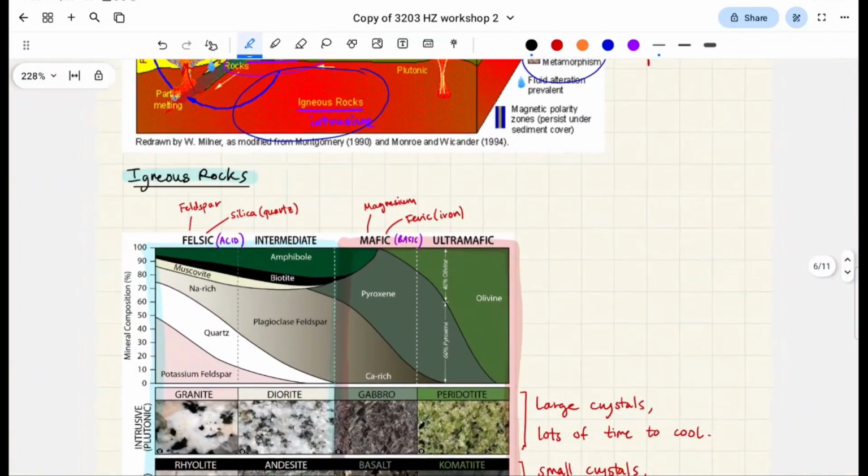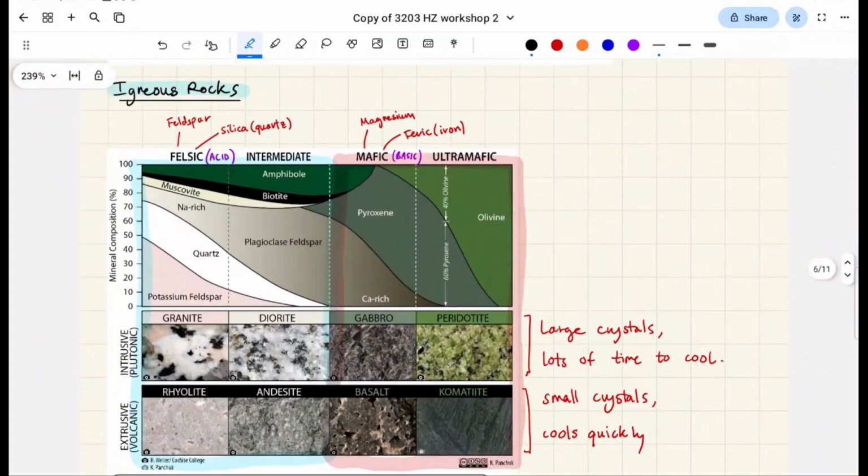Okay, so let's talk about igneous rocks. Something you might want to write down is that felsic and mafic have these names because this is ferric, which refers to iron.